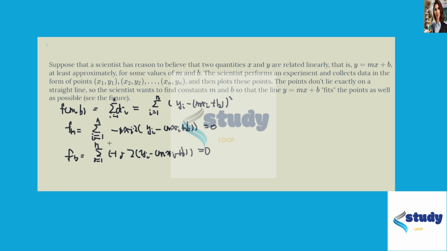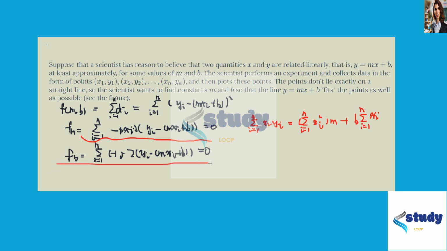then from the first equation, we have the sum, i from 1 to n, of xi yi equal to the sum, i from 1 to n, of xi squared times m plus b times the sum, i from 1 to n, of xi.